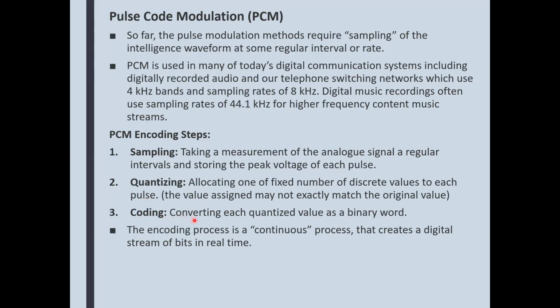Now, coding: converting each quantized value to a binary word. The encoding process is a continuous process that creates a digital stream of bits, which would be 0, 1, 0, 0, 0, 1, 0, 1, something like that, right? Constantly going at the same rate, it is going to be listened to by the receiver, and the numbers are going to be placed at the right spots and converted back to analog form.